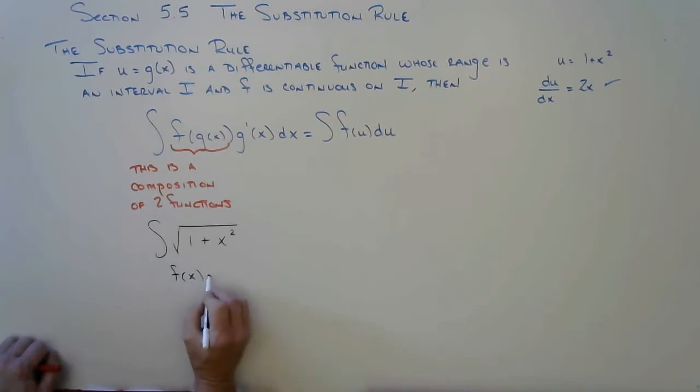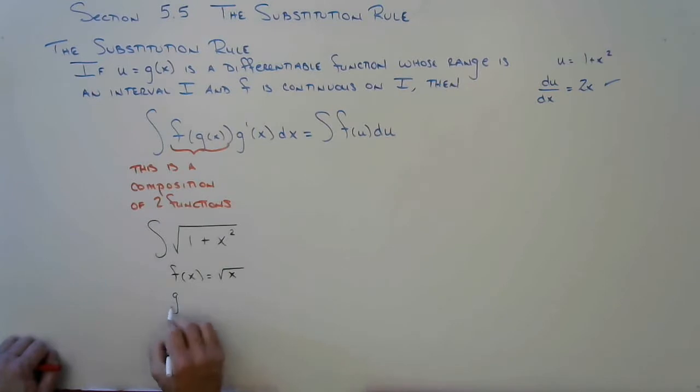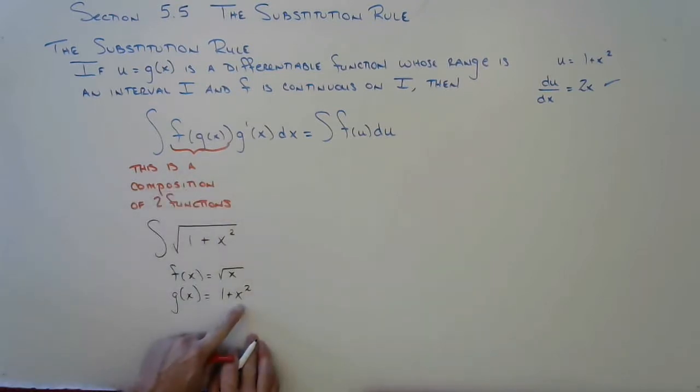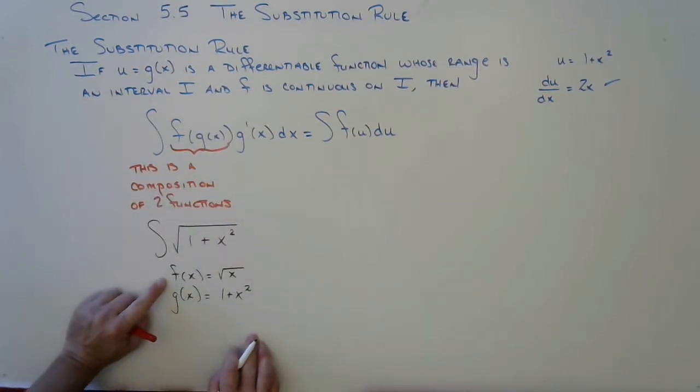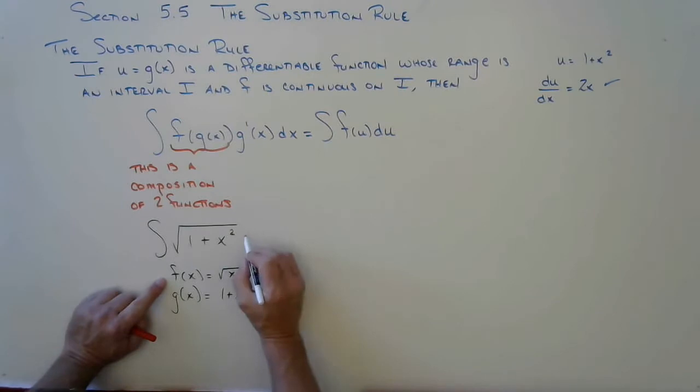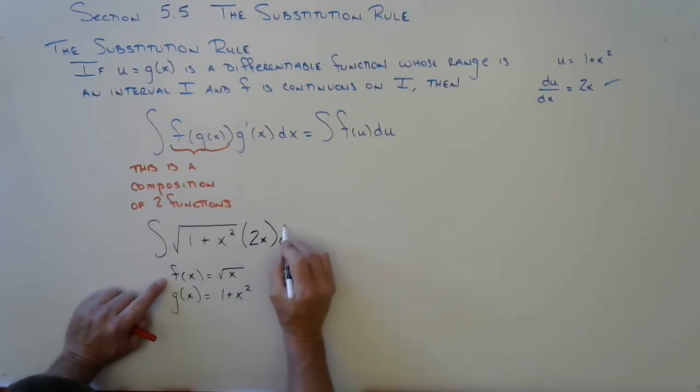We have an outside function that's the square root, and we have an inside function that's 1 plus x squared. Our problem was given to us as the square root of 1 plus x squared times 2x dx.